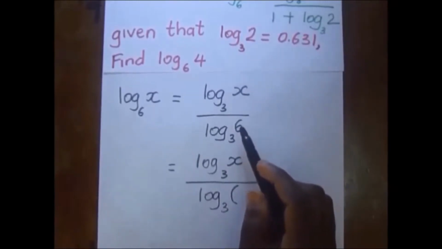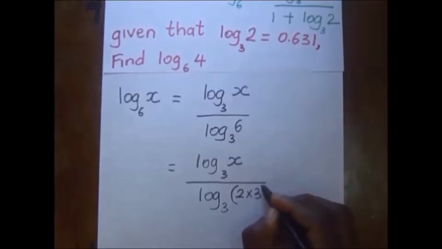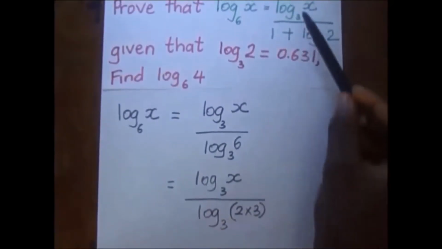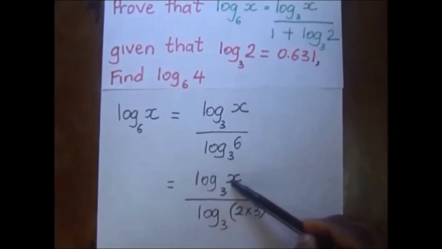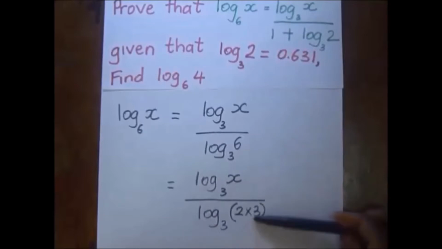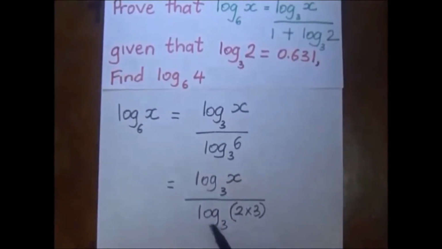now for 6, 6 is going to be the same as 2 times 3. Now remember, in whatever we are supposed to prove here, we already have this upper component now, log of x base 3. So now we are supposed to manipulate this to come up with that, and we will be having our answer.